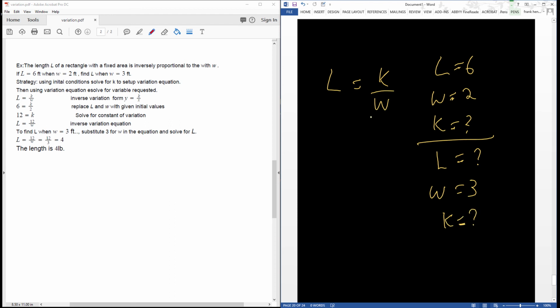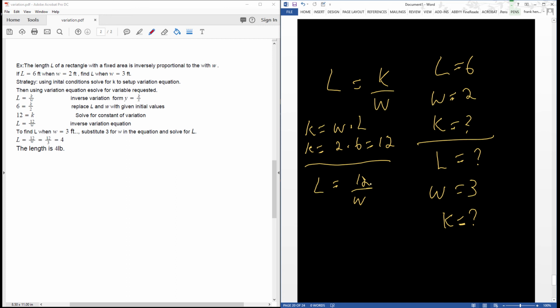So what we have to do is find k, get a model, then use it to find L in the new set of conditions. So in this case, I can solve for k. k will be equal to W times L. k is equal to 2 times 6, which is 12. Okay, so now I have a model I can work with. L is equal to 12 over W. There's our model.